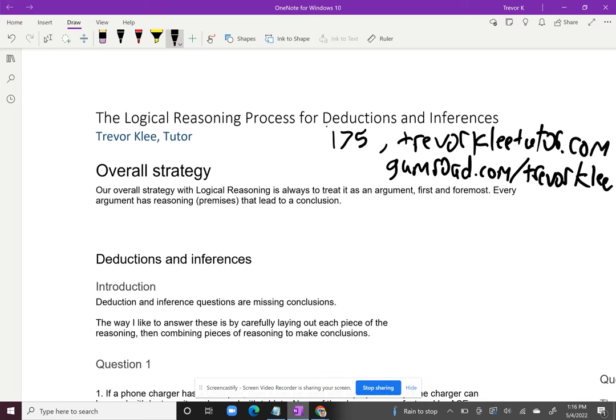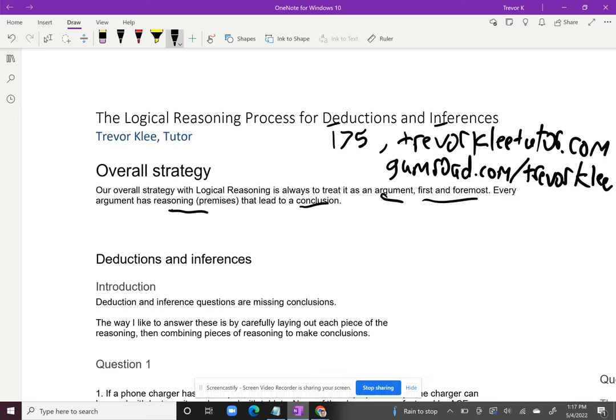So let's talk about LR. Specifically, let's talk about deductions and inferences. If you've watched my videos before, you'll know my general strategy for logical reasoning is to always treat logical reasoning as an argument, first and foremost. What does that mean? It means we have to first recognize the premises and the conclusion.